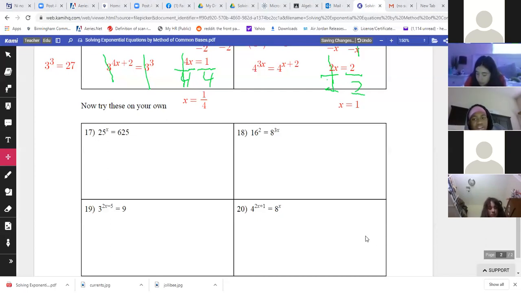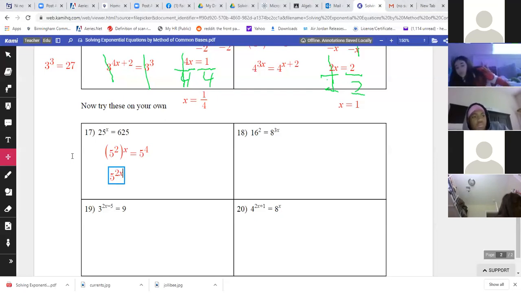Okay. So here's 17. 25 is the same thing as 5 squared, right? And then 625 is 5 to the 4th. So this becomes 5 to the 2x is equal to 5 to the 4th.